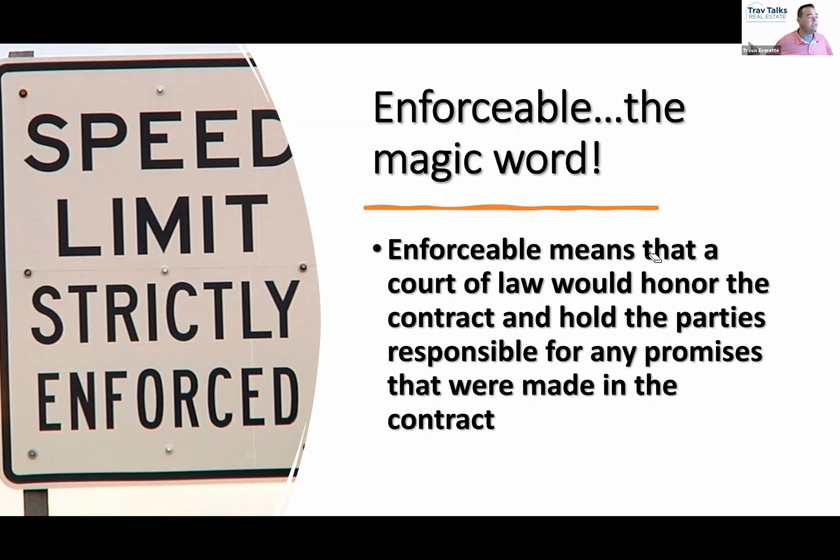Enforceable simply means that a court of law would honor this agreement. If it ended up in a court of law, the contract would be binding for the promises that have been made. Keep in mind, even a unilateral contract can be binding. It's binding on one side, whereas a bilateral contract is binding on both sides.